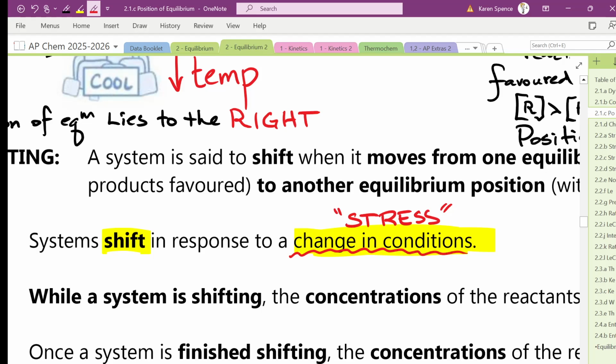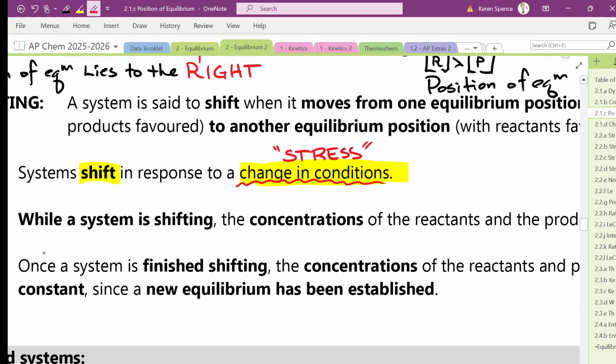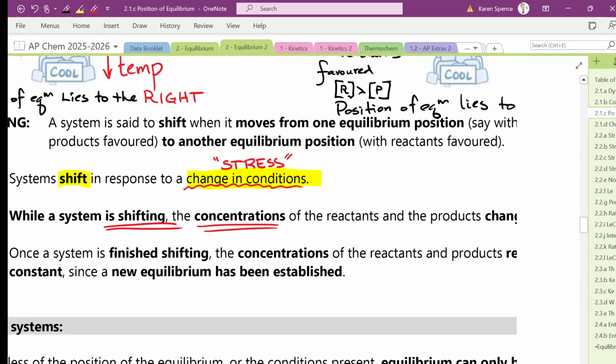Cooling or heating, there are others as well that will also cause a shift. While the system is shifting, the concentration of the reactants and products change. And that's because the forward and reverse rates are not equal.